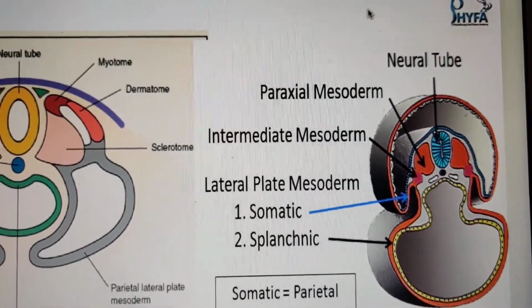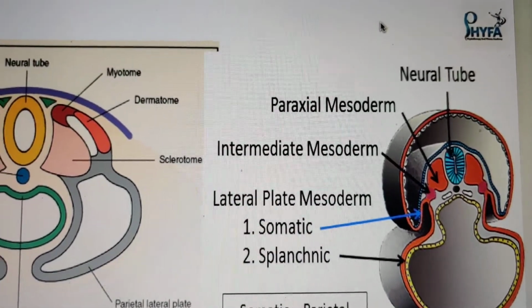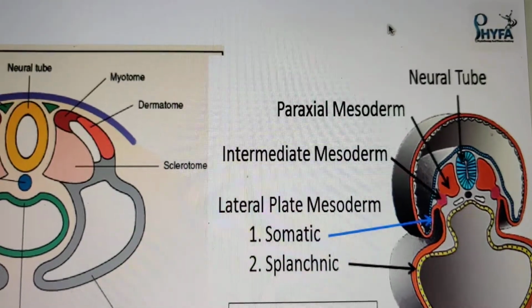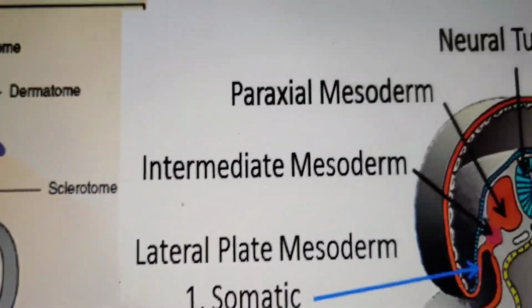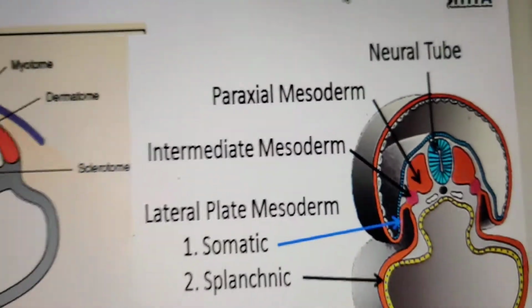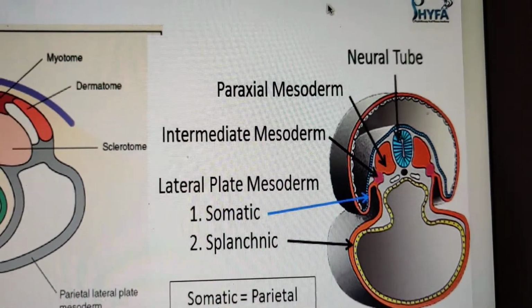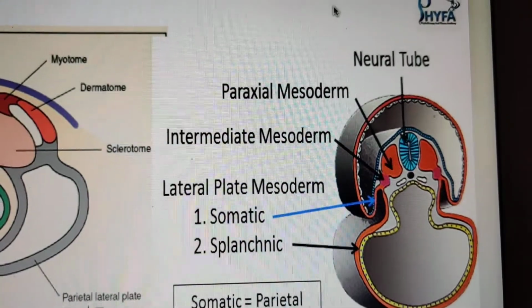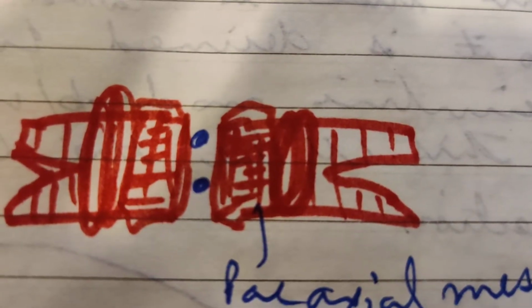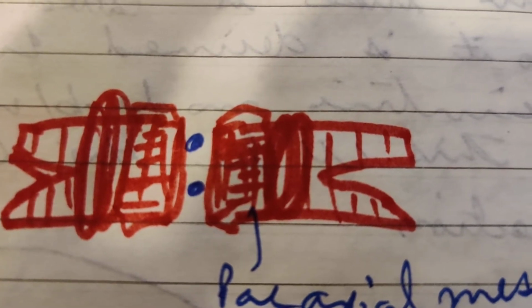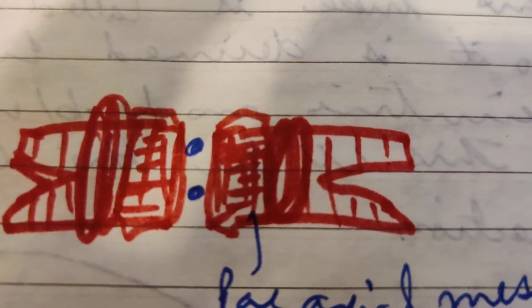You can see in this picture also the central part which is mesoderm. The medialmost part thickens and that becomes the paraxial mesoderm. Next to that, intermediate mesoderm is formed. That is also a thickened area. The circular area which you can see next to the paraxial mesoderm, that is the intermediate mesoderm.